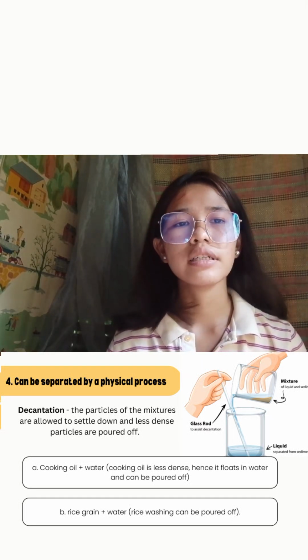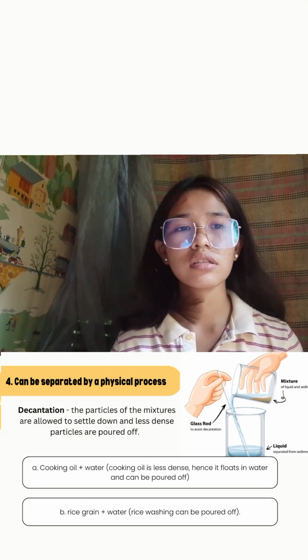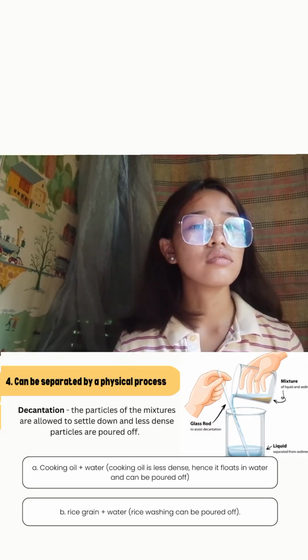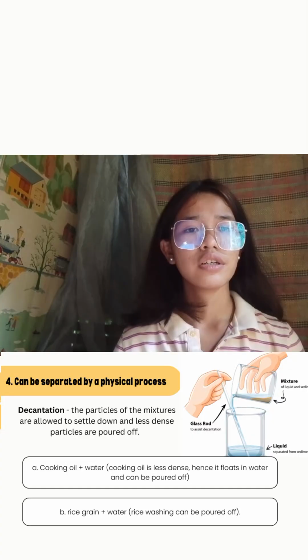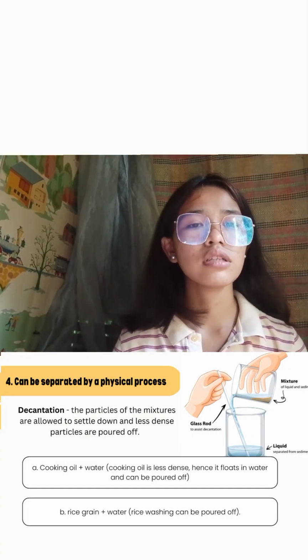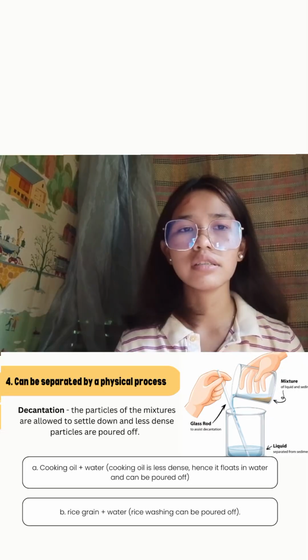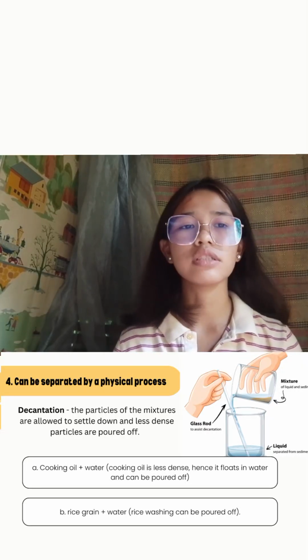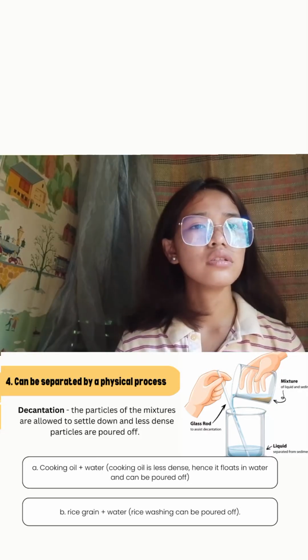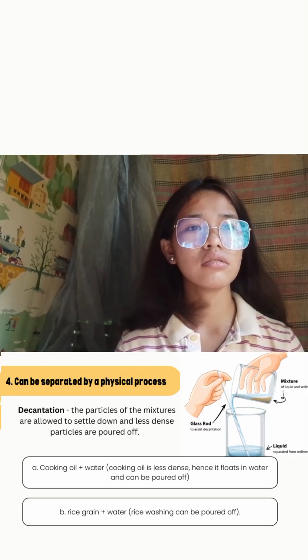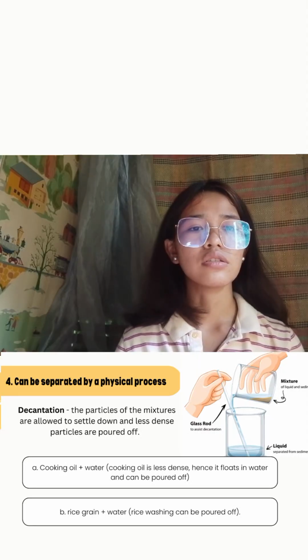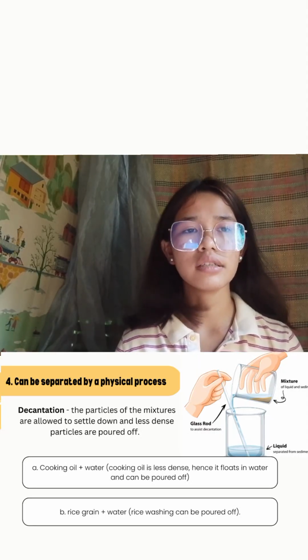Next, another example, we have rice grain in water. When you are washing rice, the water can be poured off. If you do not let the rice settle down, there is a tendency that it will all be spilled. But if you use decantation, letting it settle down and then pouring off, the rice will not be washed off.